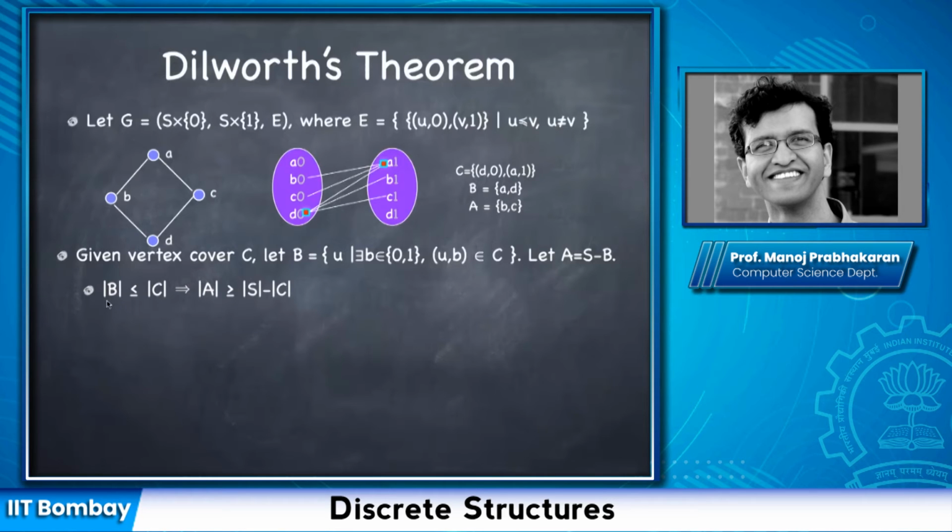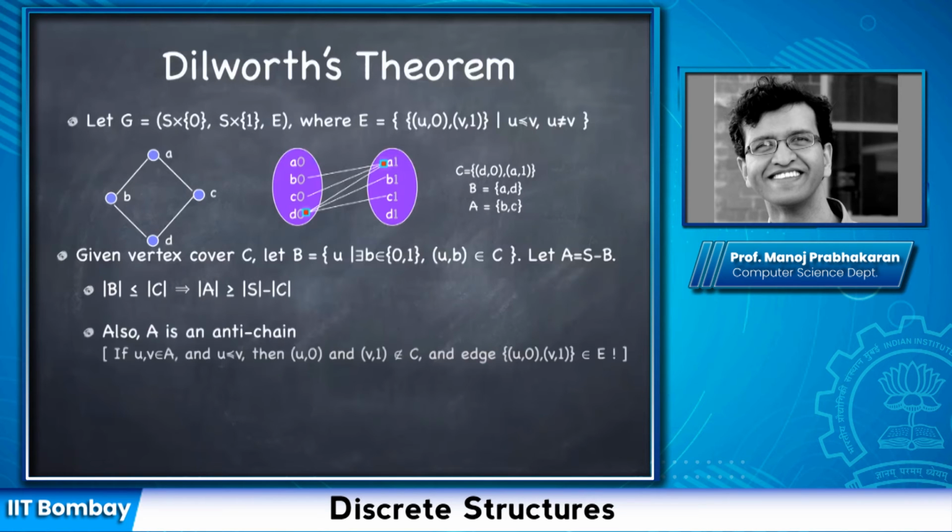So the size of B is less than or equal to the size of C, and A is equal to S minus B, so the size of A is the size of S minus the size of B. So it's greater than or equal to the size of S minus the size of C. So if the size of C is less than or equal to T, then the size of A is greater than or equal to N minus T.